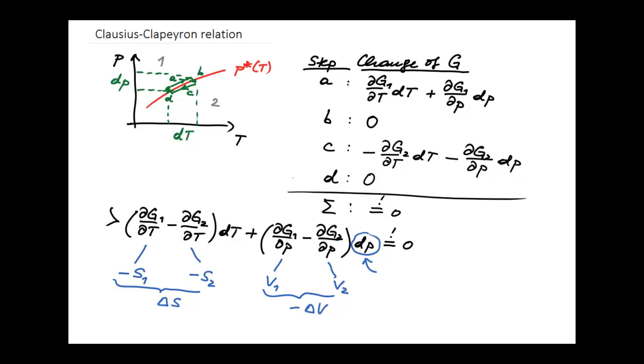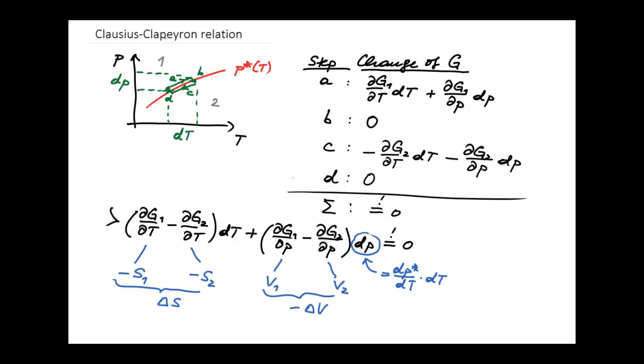The differential of pressure is related to the differential of temperature by the slope of the coexistence curve. So this dP is equal to the slope of the coexistence curve times dT.